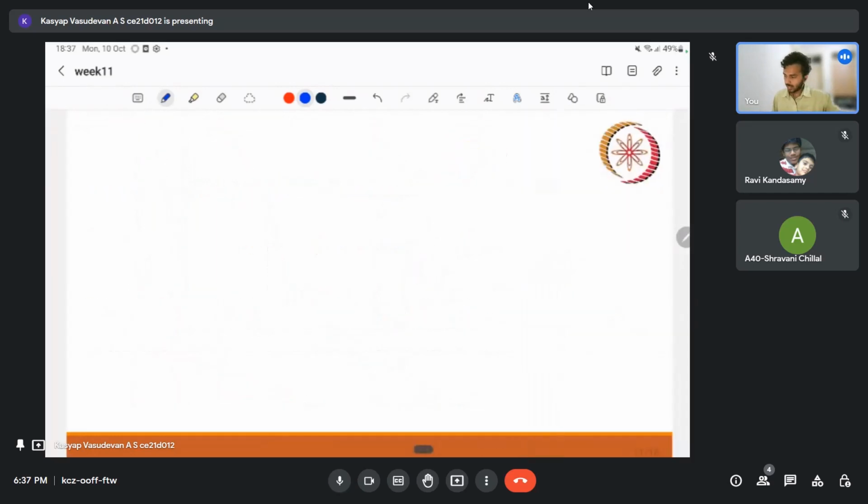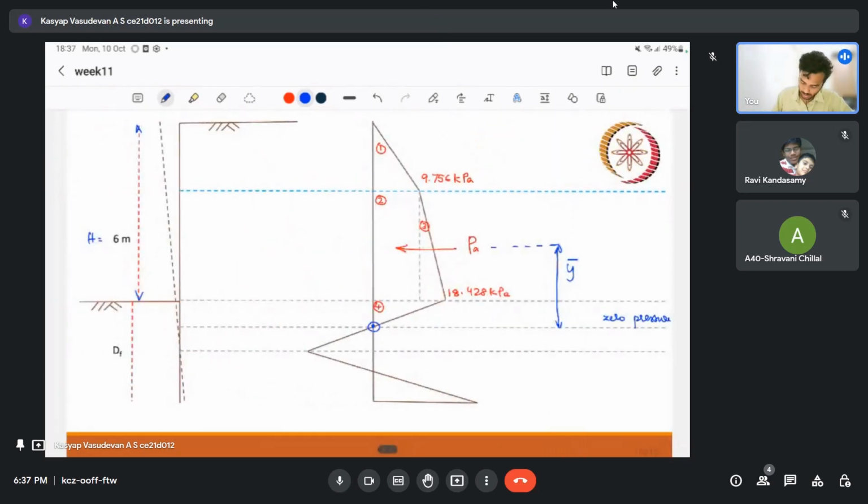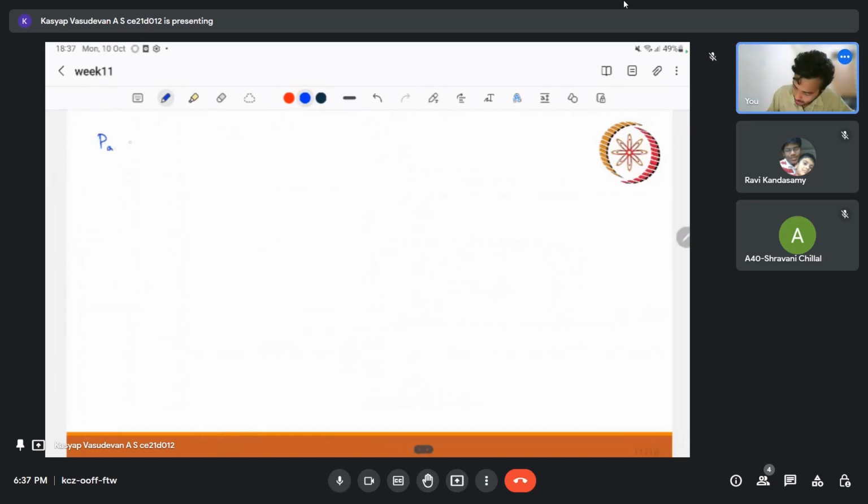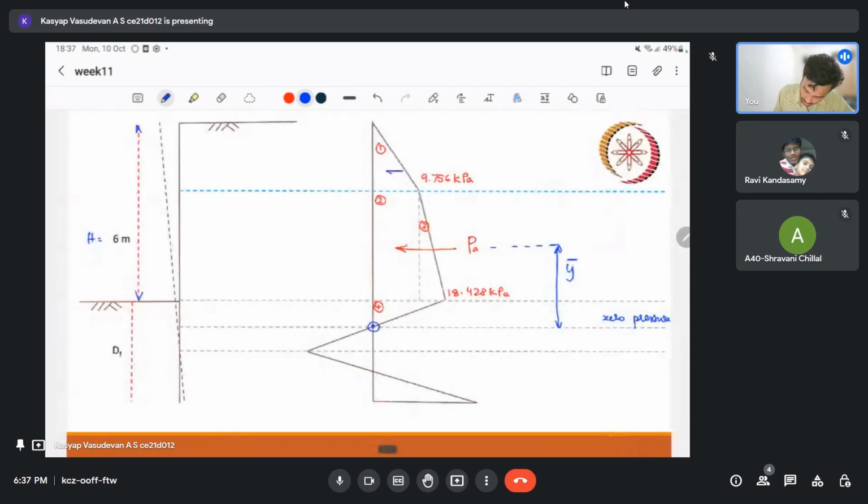So each figure I'm going to write as a term. My total load, that is PA, I'm going to write as P1 plus P2 plus P3 plus P4. This is P1, this is P2, this is P3, and this is P4.